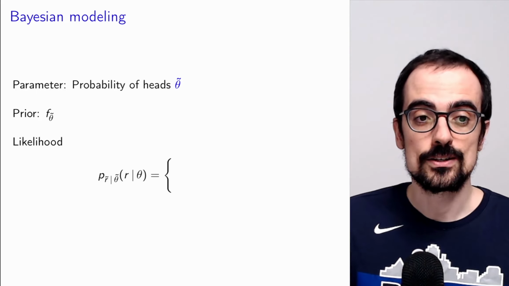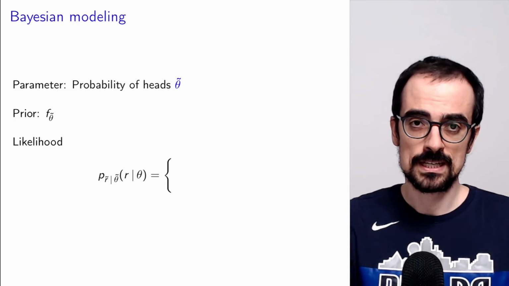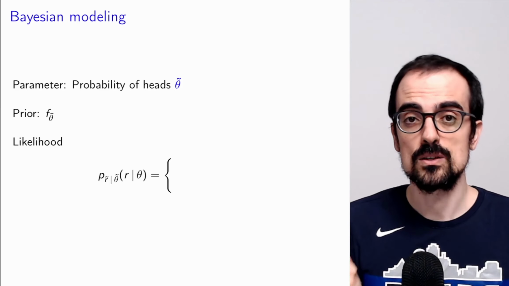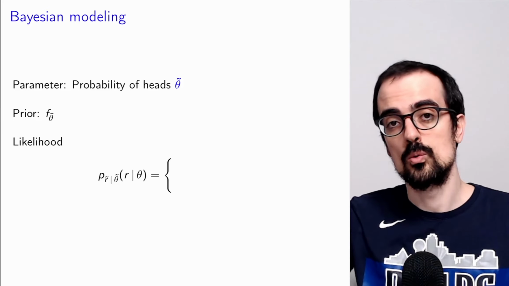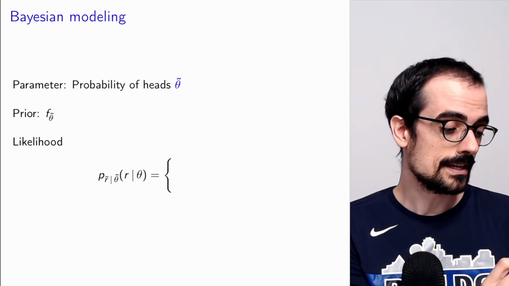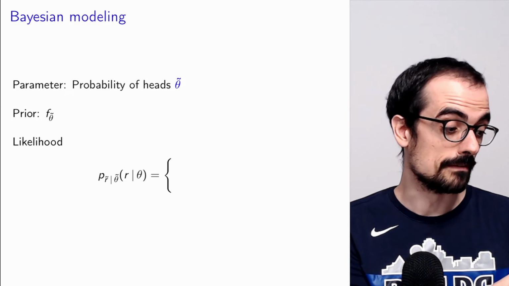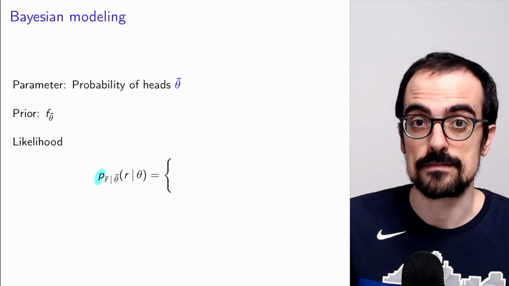Then we need the likelihood. What is the likelihood? The likelihood is the conditional probability of the data given the parameter. Here we have discrete data because either we observe tails or we observe heads. So that's why the likelihood is a conditional PMF. In situations where we have continuous data, we would have a conditional PDF there.